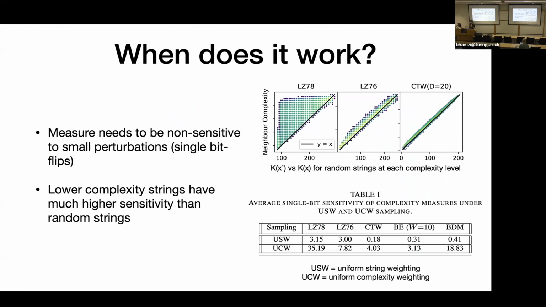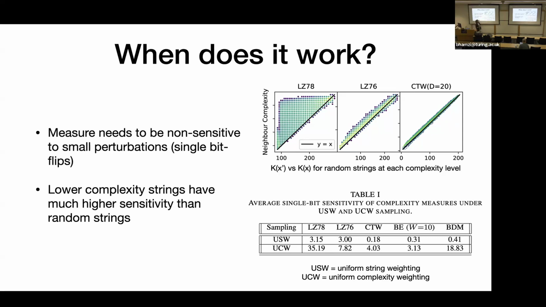Sensitivity means, let's say you change one single bit in a string, how much does the complexity change? So we find that NNSC works well for complexity measures which have very low sensitivity. So if we're changing just one bit, it still gives a very similar complexity value. Whereas for Lempel-Ziv 78, if you take a random string that has low or intermediate complexity, and you just change one bit, the complexity varies wildly.